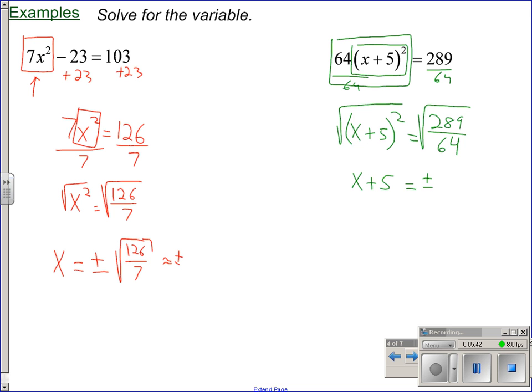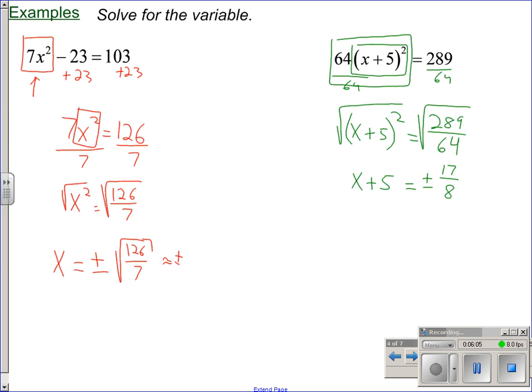Square root of 289: that seems like a perfect square, but I'm not remembering it off the top of my head, so I'm getting the calculator out. 17, that's what it was. 64 is a perfect square, so square root of the top, square root of the bottom, we get 17 over 8.